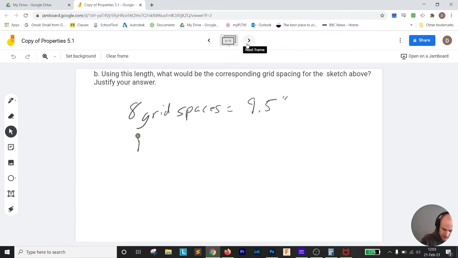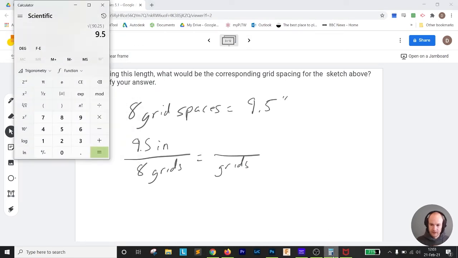So we can simply divide this. If the whole length of those grid spaces is 9.5 inches and we divide it by the 8 grids, then we're going to get an answer that is going to be something over grids. So if we take our calculator out, 9.5 divided by 8 equals 1.1875 inches per grid.